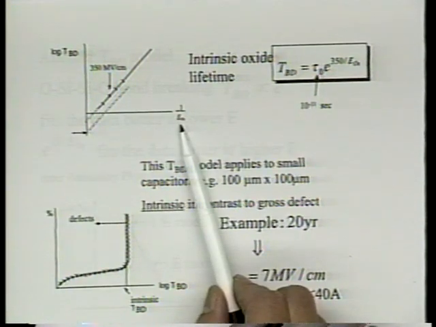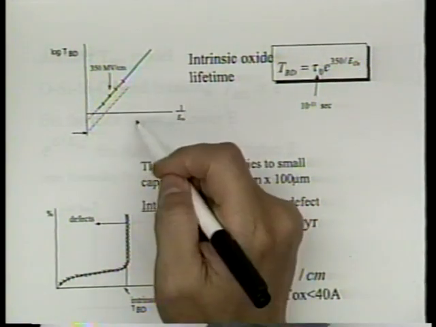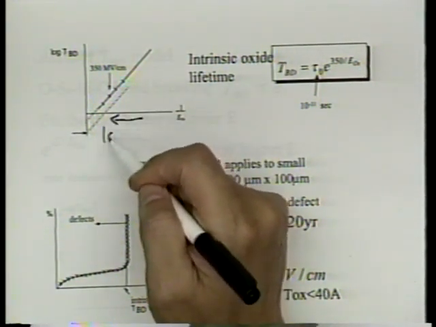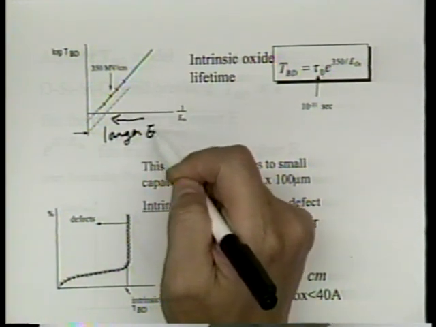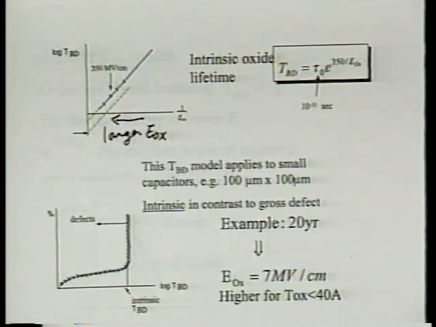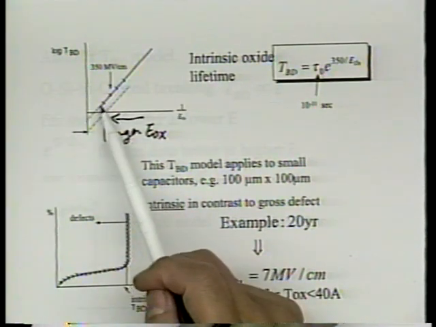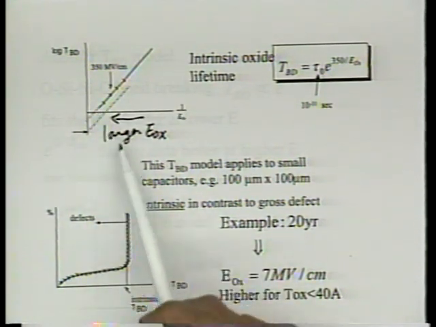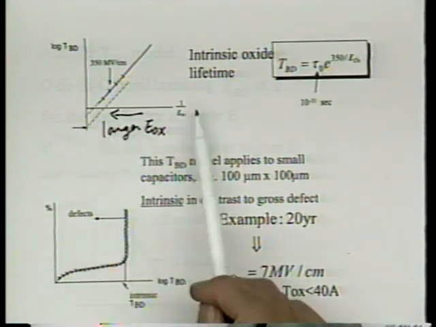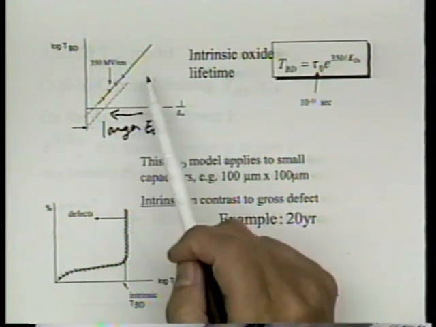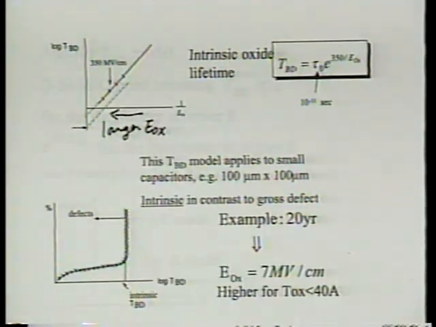So the electric field is larger on this side, where Vox is larger, on the left-hand side. That's why on the left-hand side the lifetime is shorter, because the field is larger. On the right-hand side, the field is smaller, therefore the lifetime is larger. Got it?